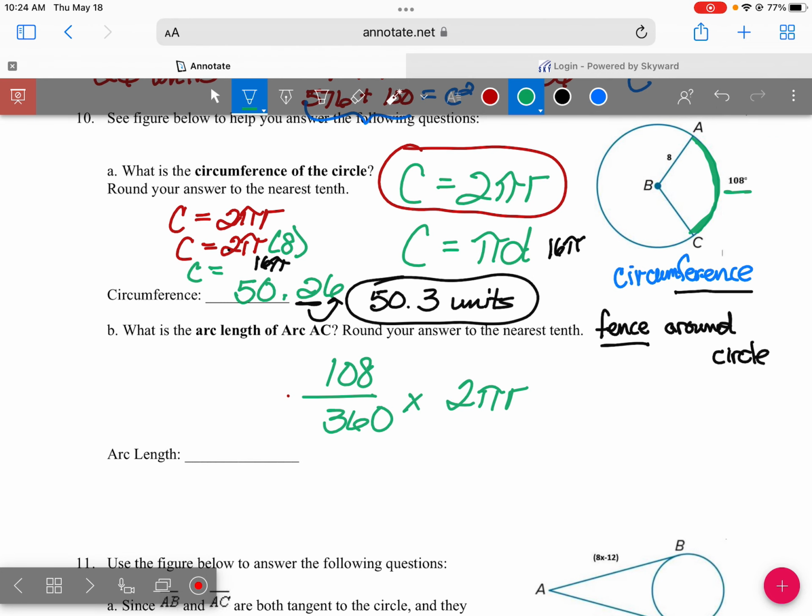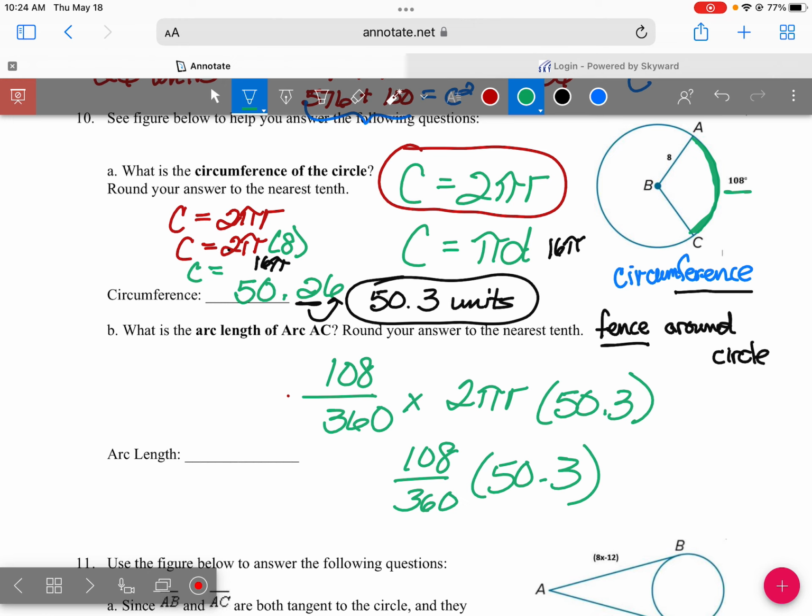We just figured out what our circumference was, so that is 50.3. So take 108 divided by 360 times 50.3. Is this the one where we use the degree equation? Yes. 15.09, and it says round to the nearest tenth, so 15.1. Correct.